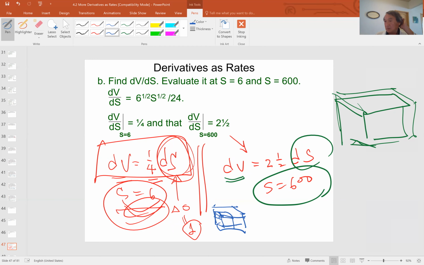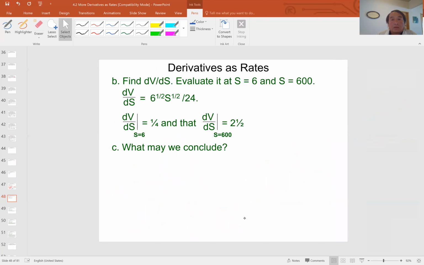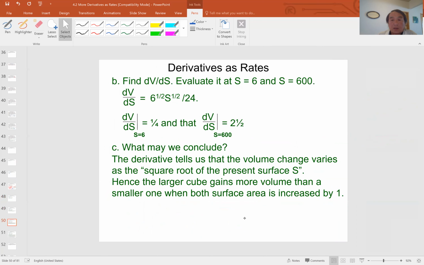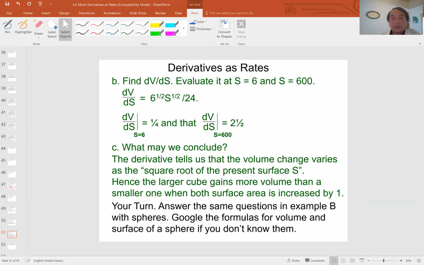The volume expanded inside is dramatically different. For the large cube, the inside volume gained will be a lot bigger than the small blue cube. Okay, so this is the rate of change, the ratio of change in the volume versus the surface change. So this is basically what we can conclude.